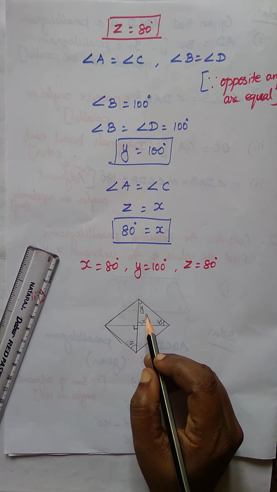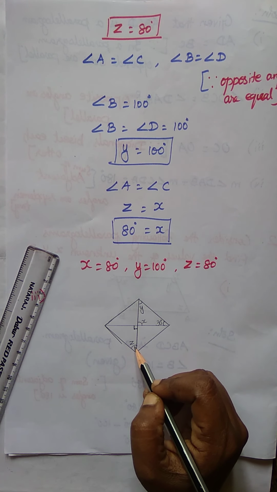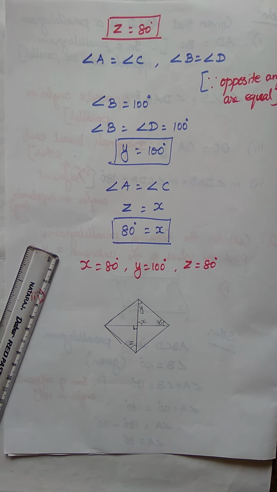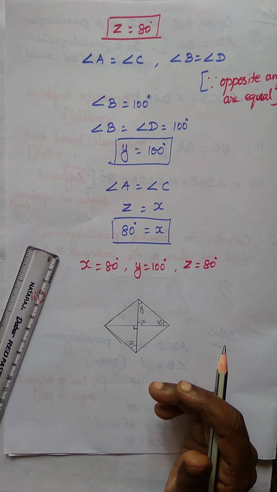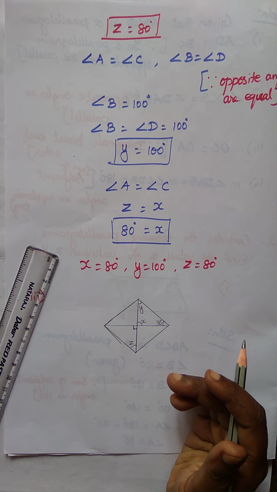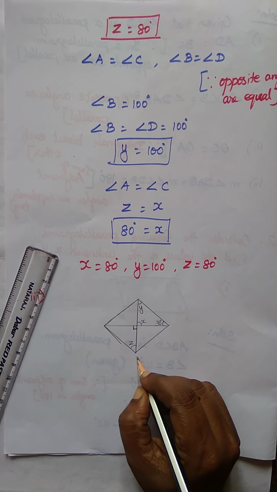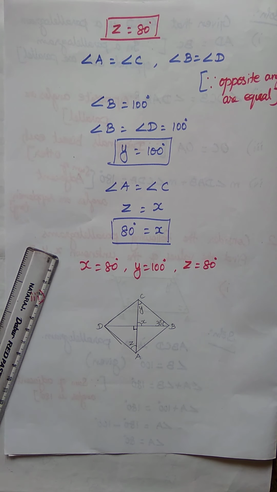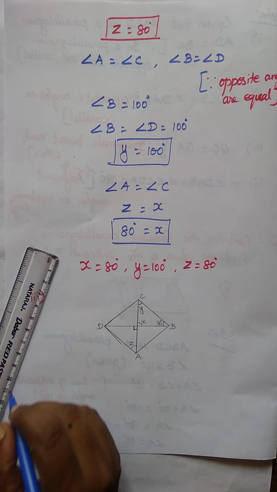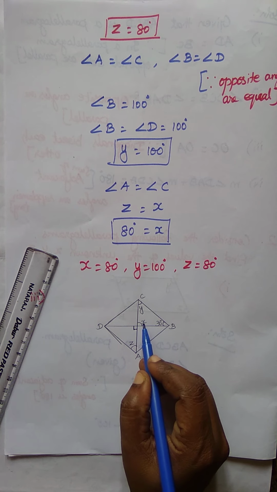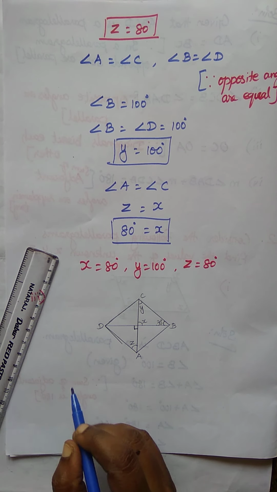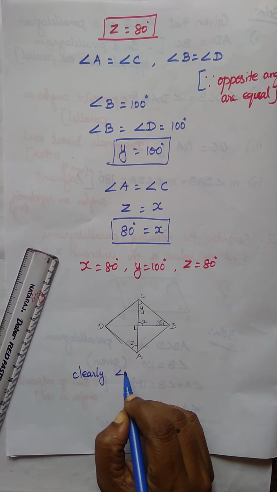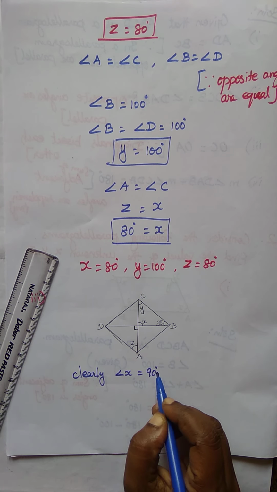Then we are going to find the Y value and then Z. In this figure, it's a parallelogram ABCD. Using that, it is a perpendicular. Clearly, angle X is equal to 90 degrees.